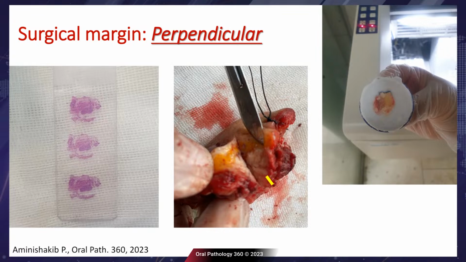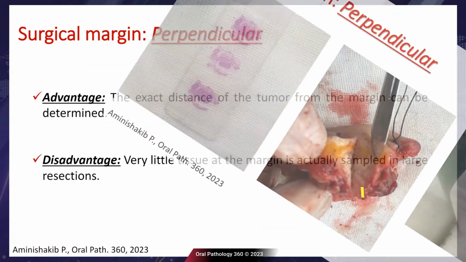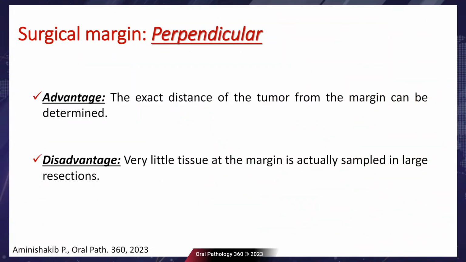Another type of surgical margin is perpendicular. As you see in the middle photo, the exact distance of the tumor from the surgical margin can be easily measured. Therefore, when you want to measure the exact distance of the tumor from the surgical margin, I recommend taking the perpendicular surgical margin.